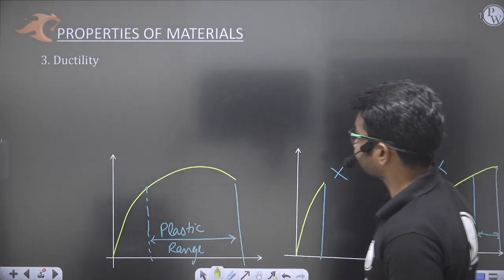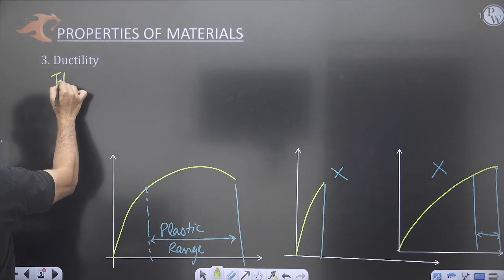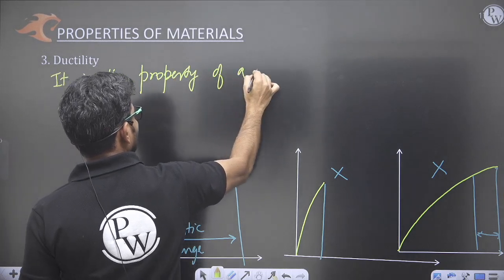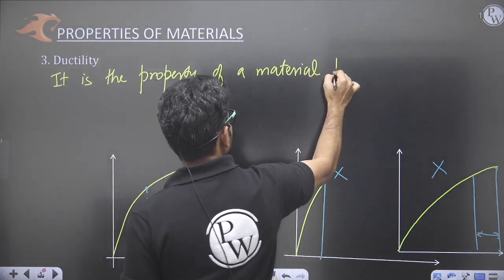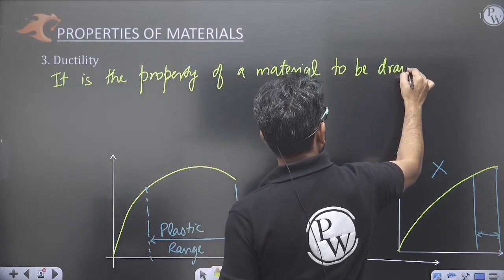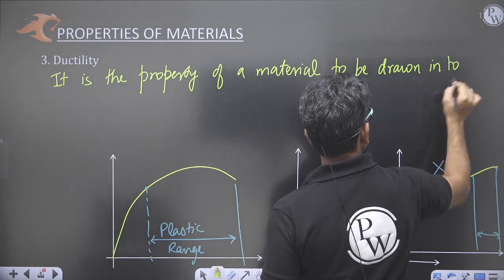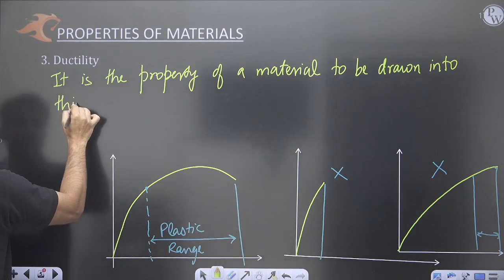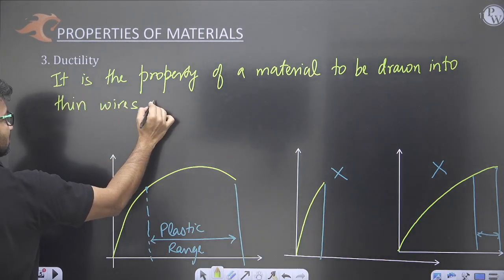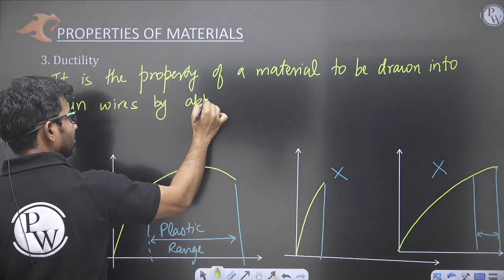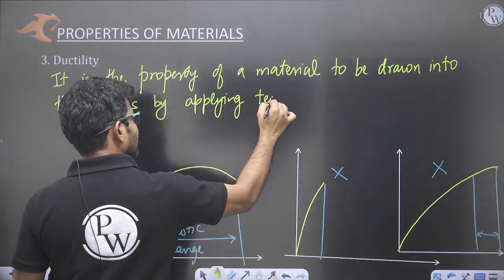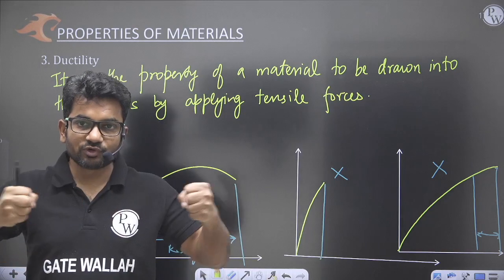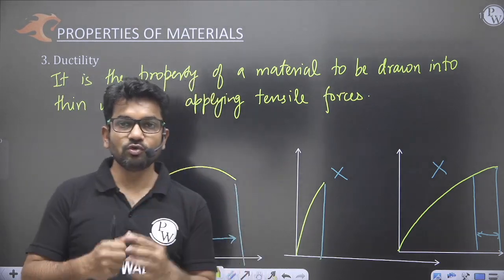So what is ductility? It is the property of a material to be drawn into thin wires by applying tensile load, the tensile forces. Under the action of tensile forces, these materials should be able to be drawn into the cross section of thin wires.